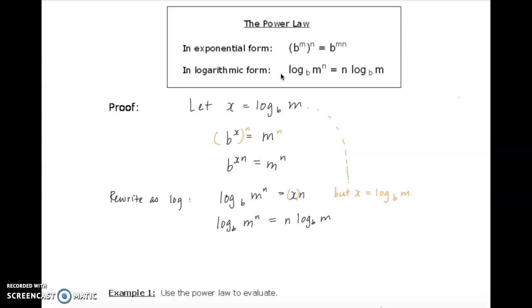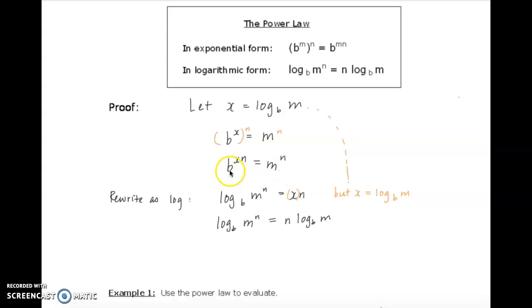This can be shown using a proof. If I first let x equal log m base b, I can write this in exponential form, b to the power of x equals m. Now raise both sides to the power of n, then I have b to the power of x times n equals m to the power of n. What if I write this as a logarithm now?